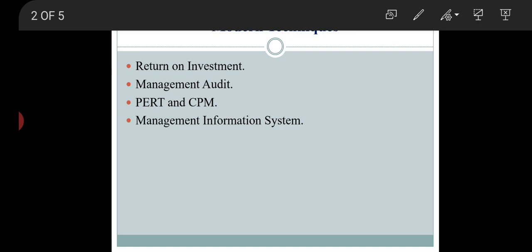Okay, and the next one is critical path method, that is CPM. It is used in production planning and scheduling. So it is being used only for critical activities which are supposed to be very critical.